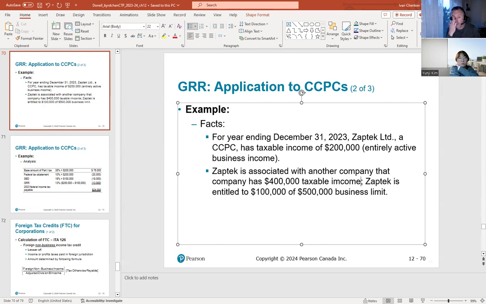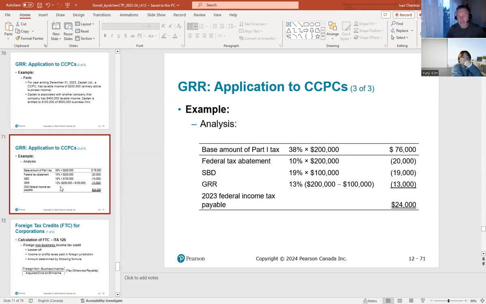Now it's more clear, right? We were assuming that the other company has 100, but they're not. Our company is entitled only to 100 out of 500, so that means the other company has $400,000 taxable income. So that's why now the calculation makes sense.